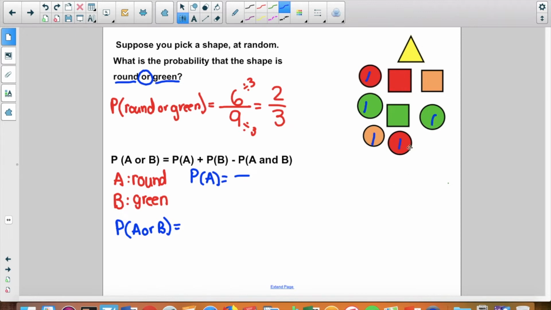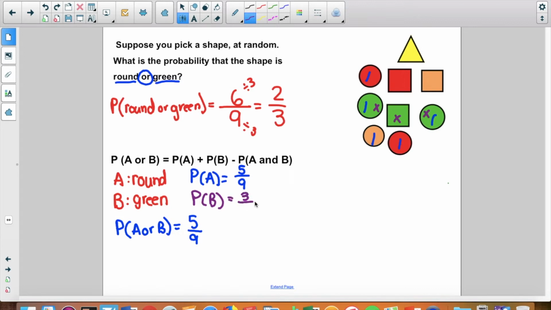So 1, 2, 3, 4, 5 out of the 9 shapes are round. So that is the probability of A, 5 over 9. The probability of B is the probability that the shapes are green. So this one's green, this one's green, and this one's green. There's only 3.